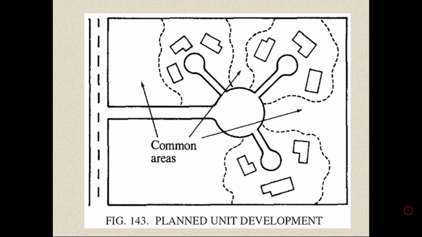So this shows clustering of development in order to aggregate open spaces. And a planned unit development, which I'm sure you are all familiar with that term, is one form of regulatory means to encourage clustering.